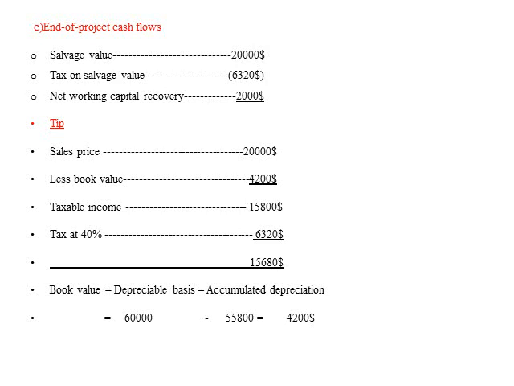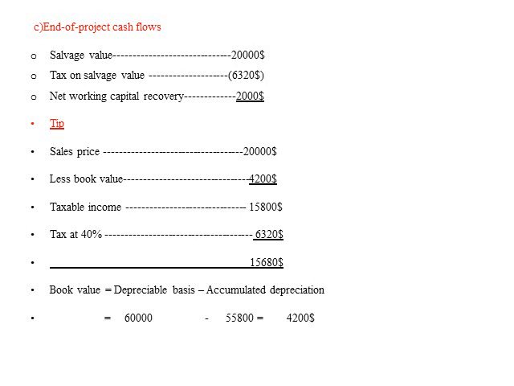So the remaining value, or the book value of the asset, will be equal to the remaining 7% times the cost of the asset, which is $60,000. So multiplying 7% times $60,000, the value will be $4,200.